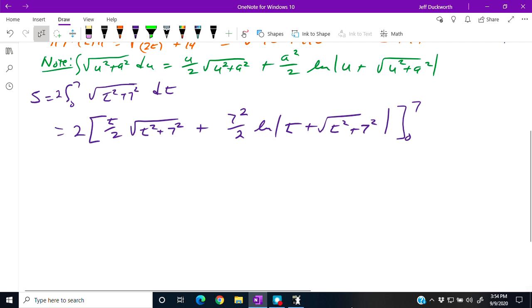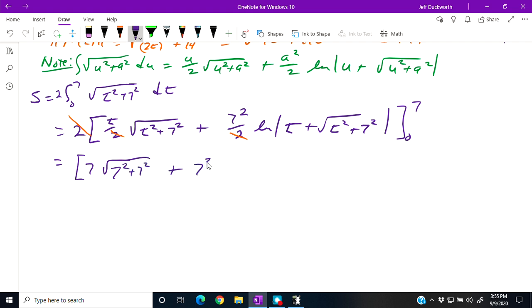So what do we get? Our 2s are going to be able to cancel with the denominators over there. So at 7, we're going to have 7 times the square root of 7 squared plus 7 squared, and then 7 squared again.